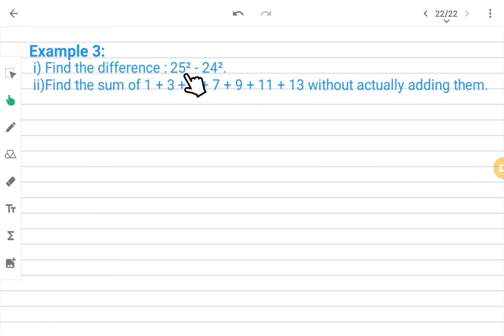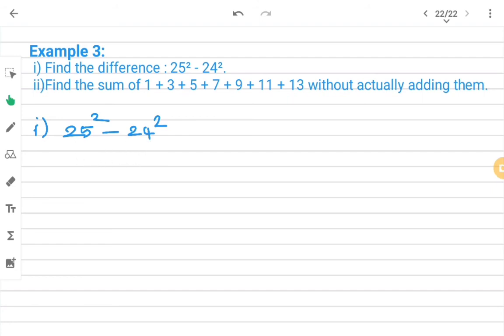Find the difference between 25 square minus 24 square. You are going to find the difference between 25 square minus 24 square. They want to find the square of 25 and then the square of 24 and then I have to subtract. No, remember the property.